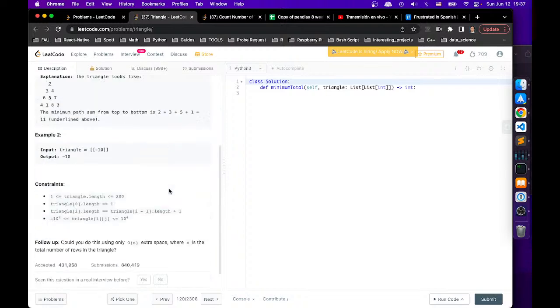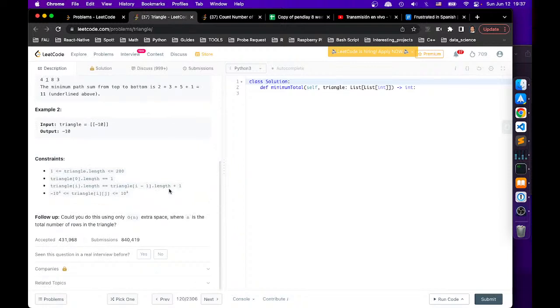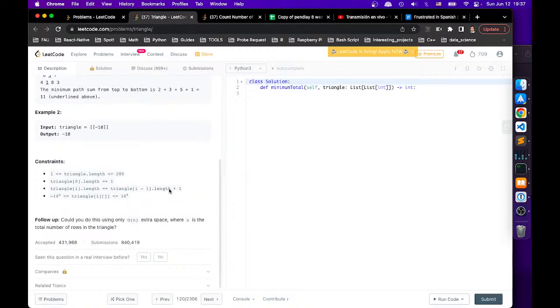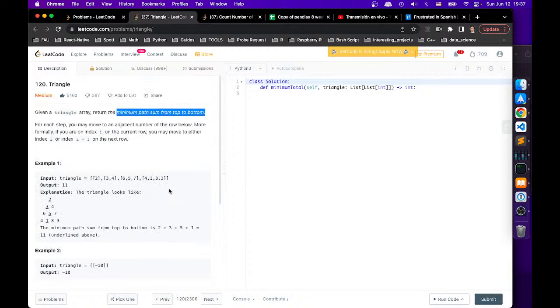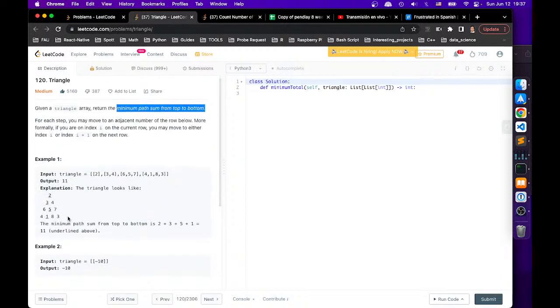I don't think it's too big, 200, right? So if we are at the last row, we want to know everything on the row above me, and then we can just do a comparison. So for each one below, if I know the best above me, then I'll be able to make the choice.